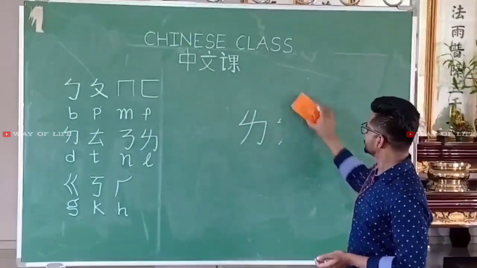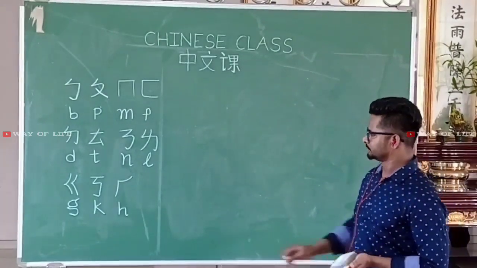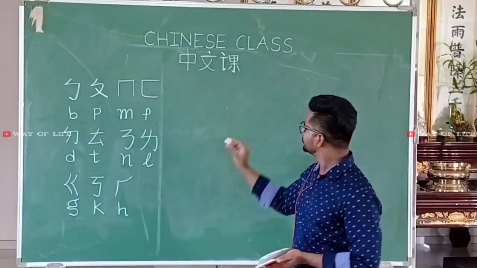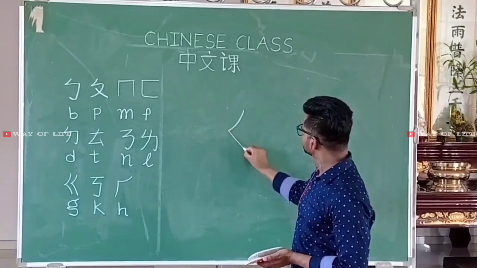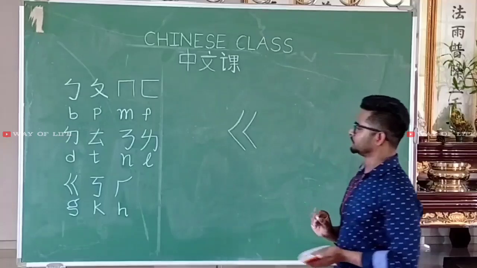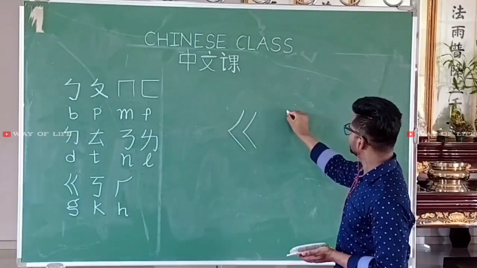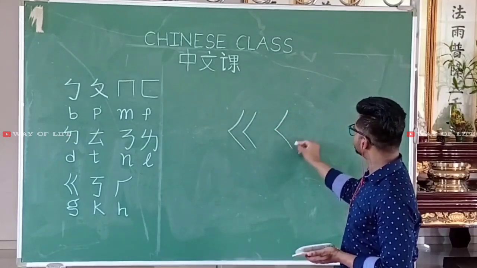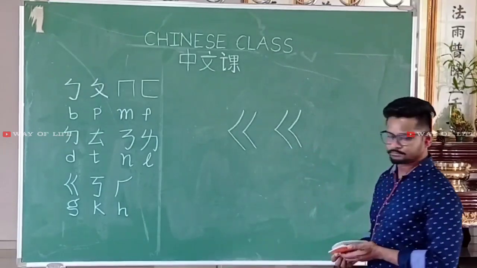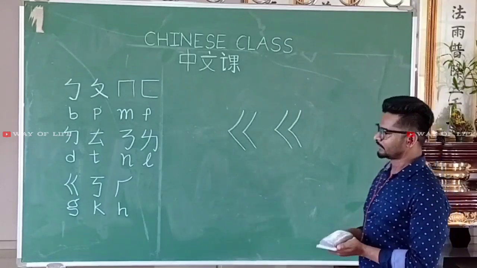Alright, let's move to the 9th alphabet. Can you tell me which is it? K. Okay, it's very simple. 1, 2, 3, 4. K. Okay, let me write it again. 1, 2, 3, 4. K. You might find this very easy. There are two strokes.